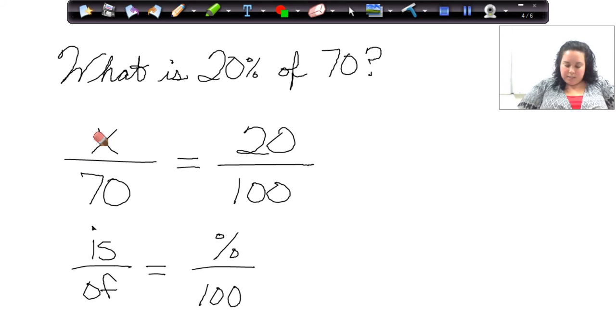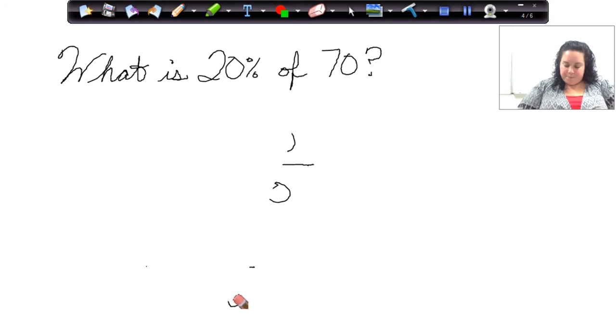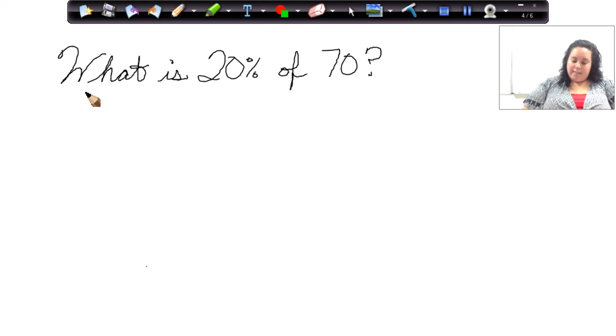I'm going to show you a different way to do these types of problems today. So let us rewrite this as an equation. What? That's our question. That's what we don't know. I'm going to put an X there. We're going to translate this directly into math language, from English into algebra.